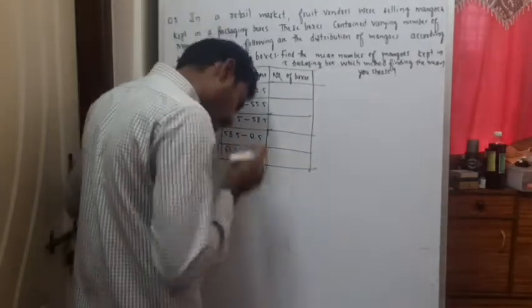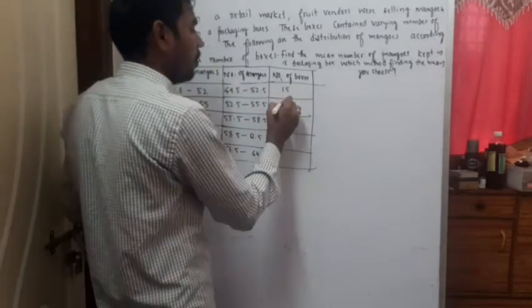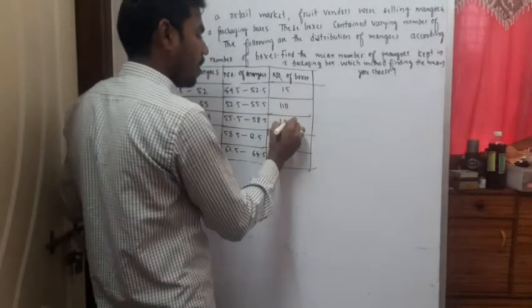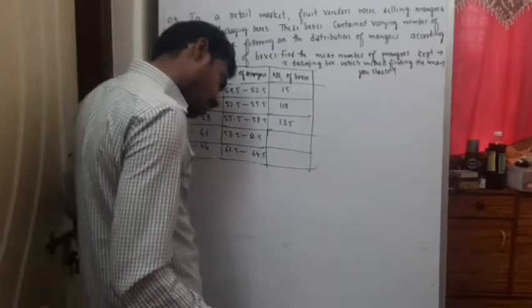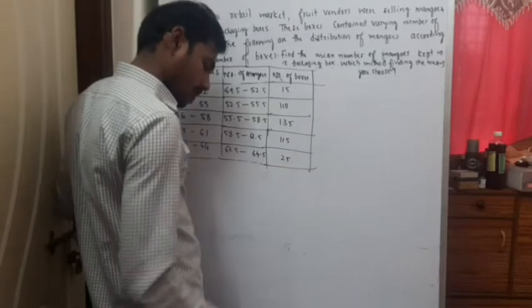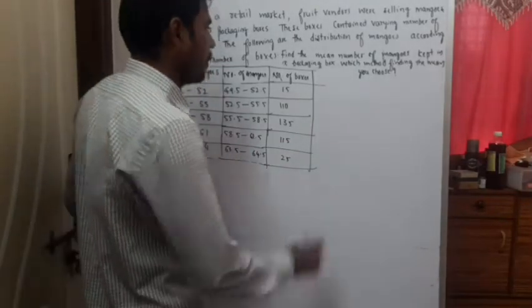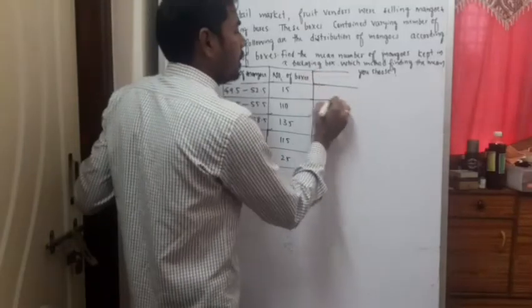So I need to copy the number of boxes: 15, 110, 135, 115, 25. Fine. Now, what is the next step?